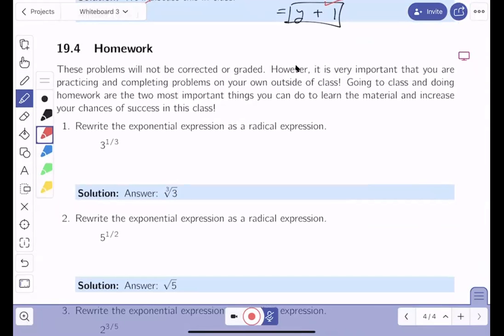So what you have to do now on your own is start doing this homework. And what does that mean? You do every single problem. These problems have a problem and also a solution down for you. Do them all. Again, if you need additional support, come by during office hours and I'll be more than happy to help you.